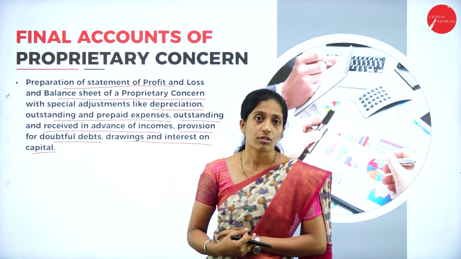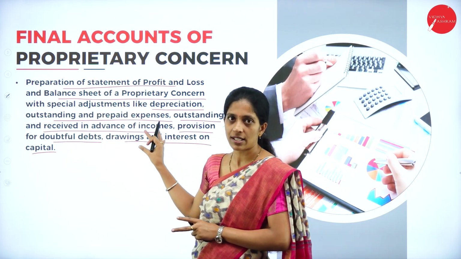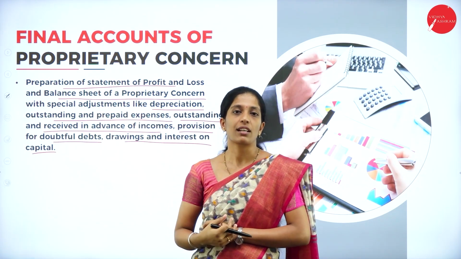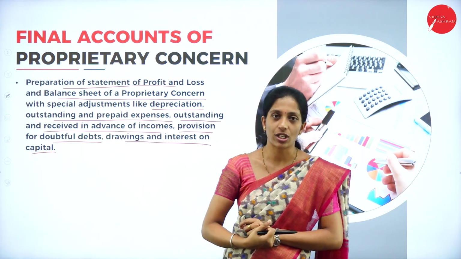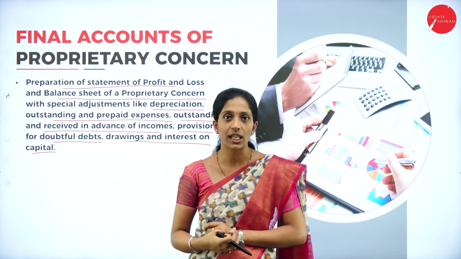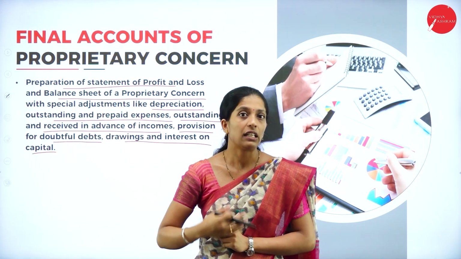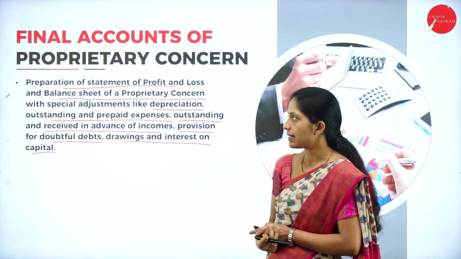They will give you a trial balance and a few adjustments relating to these, and you have to prepare trading, profit and loss account and balance sheet at the end of the financial year. So, this is an easy unit which you have already learnt in your PUC. If not, you can learn it this year. That is about the final accounts of proprietary concern.